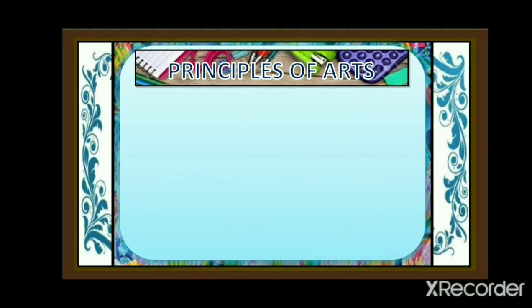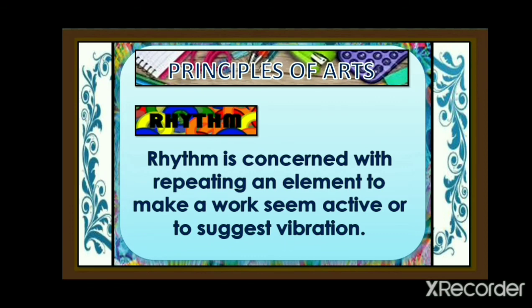And the last principle of art is rhythm. It is concerned with the repeating of an element to make a work seem active or suggest vibration. To create rhythm, artists use objects or shapes in their works.